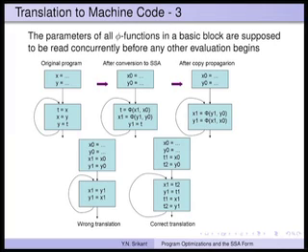So we need to introduce the temporary t 1 equal to x naught, t 2 equal to y naught, x 1 equal to t 2, y 1 equal to t 1, t 1 equal to x 1 and t 2 equal to y 1. So this is the correct translation, and in this case you can't really do too much copy propagation, a little bit yes, but not too much. Okay.